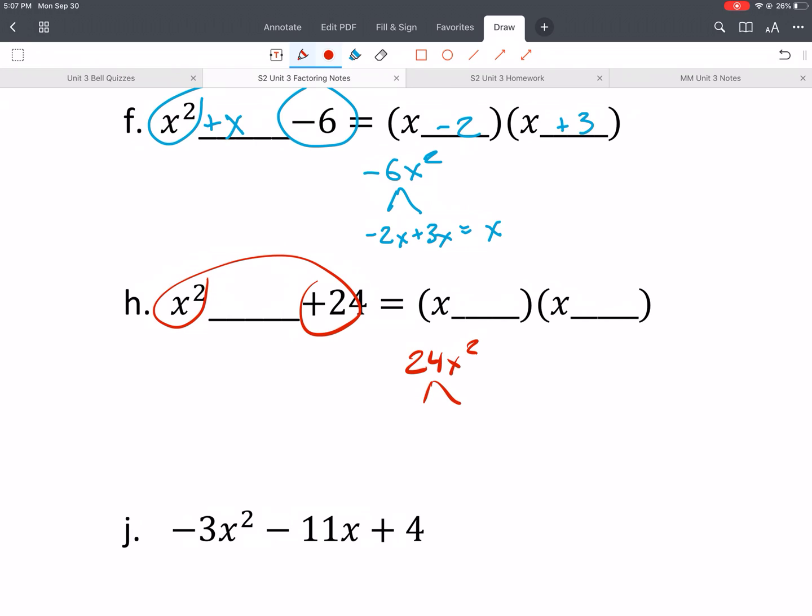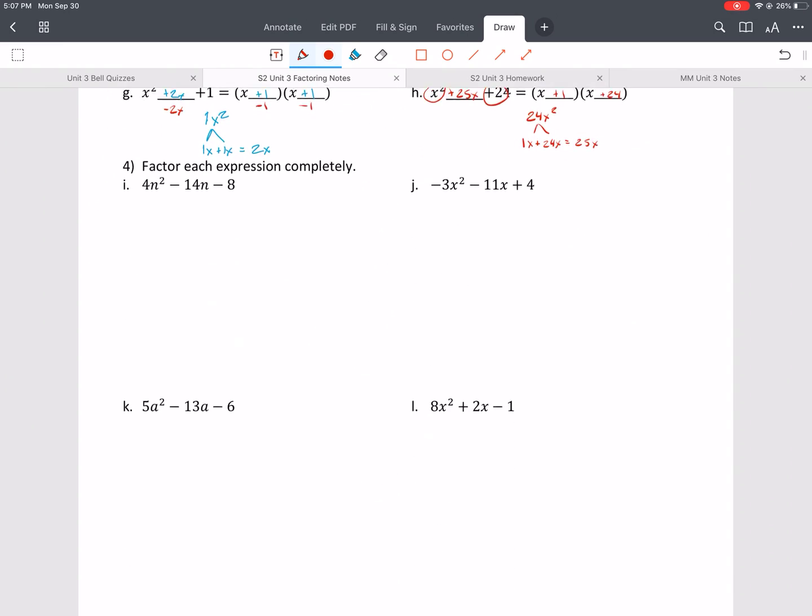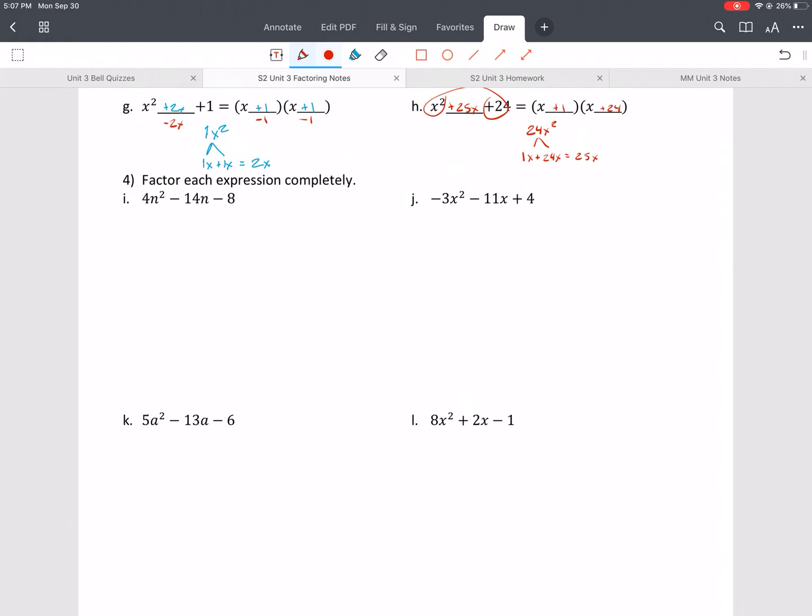You could do 1x and 24x. That would give us 25x. So plus 25x plus 1 and plus 24. Okay, lots of choices.